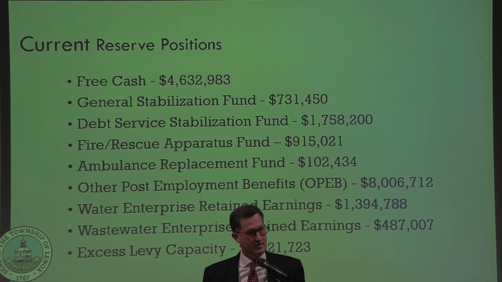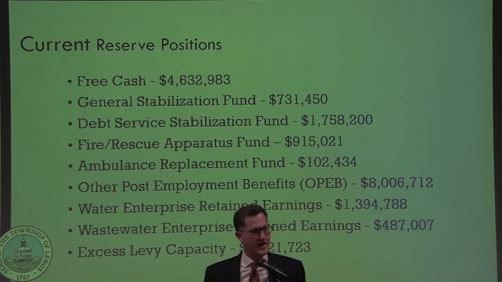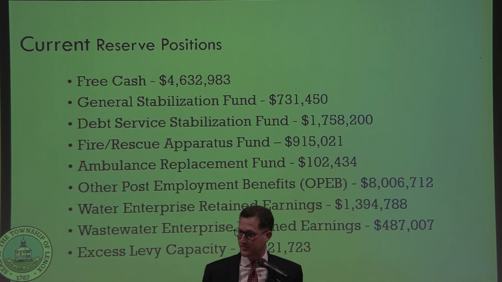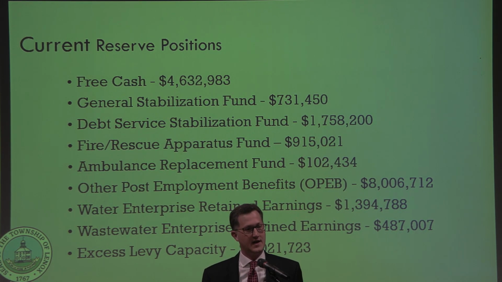We carry a general fund stabilization fund of just over $700,000. We also have a debt service stabilization fund of $1.7 million, which we just recently established to counteract any negative impacts of assumptions that don't pan out on these two very large building projects, soon to be three building projects: wastewater treatment plant, public safety building, and this building, LMMHS.